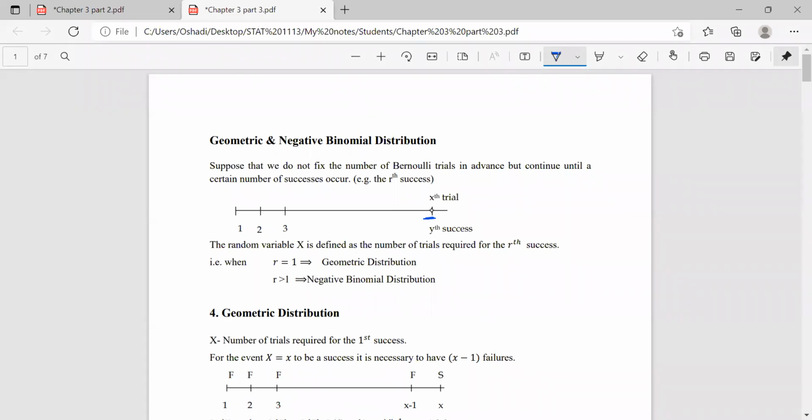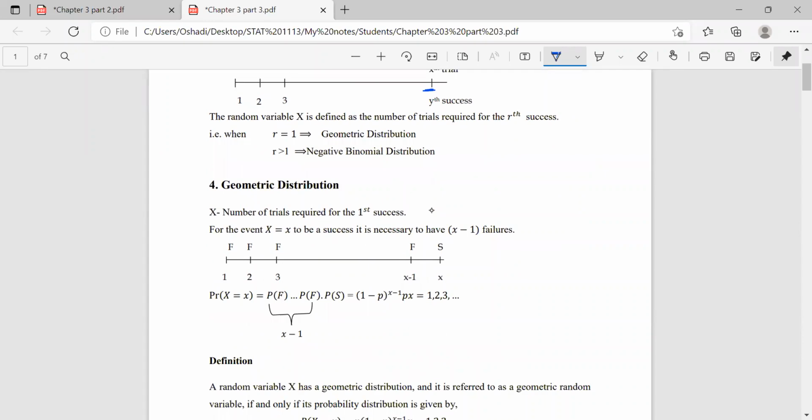If the xth trial is a success, then the earlier trials before x should all be failures. So we have x trials here. The xth trial is the success one.